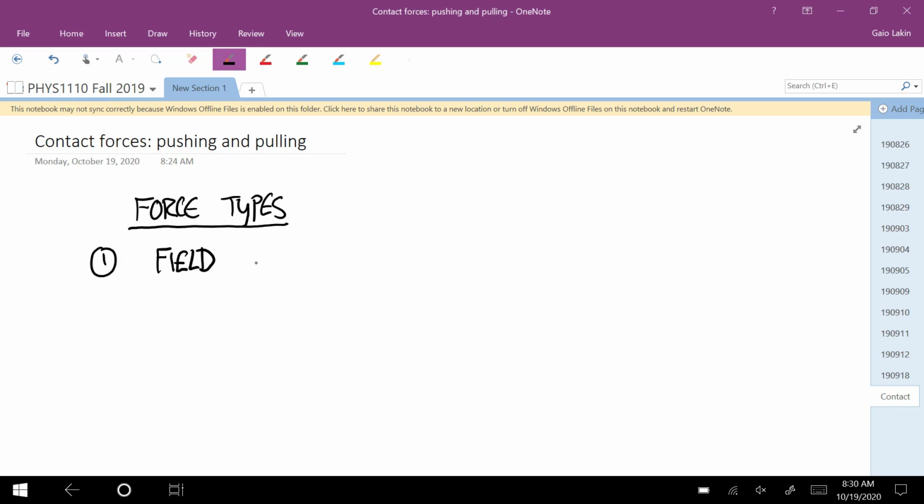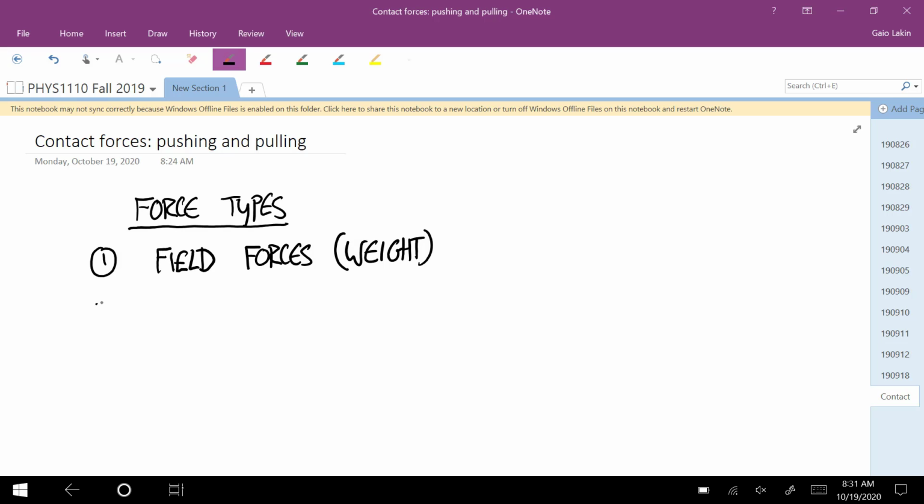So I'm just going to call these field forces. But for us, that's a simple thing. Field forces just mean the force of gravity, the weight. That's just a downward force of the mass of the object times 9.81.